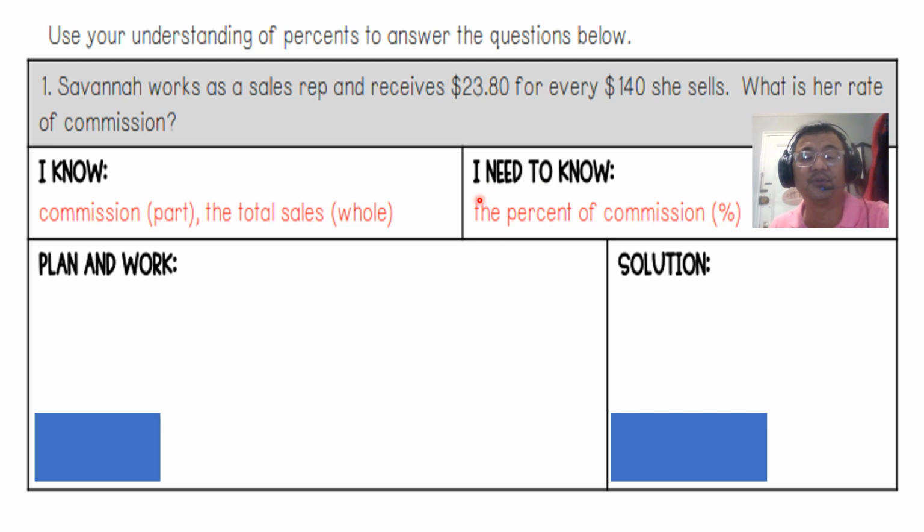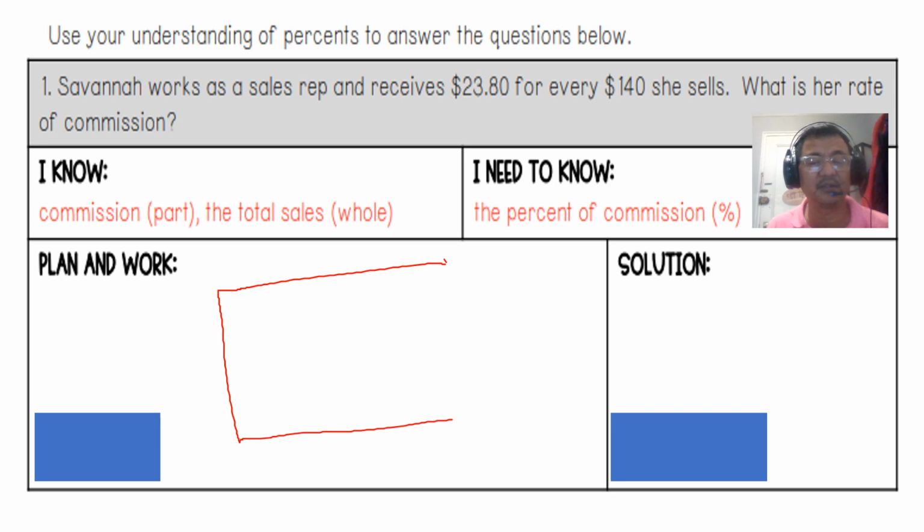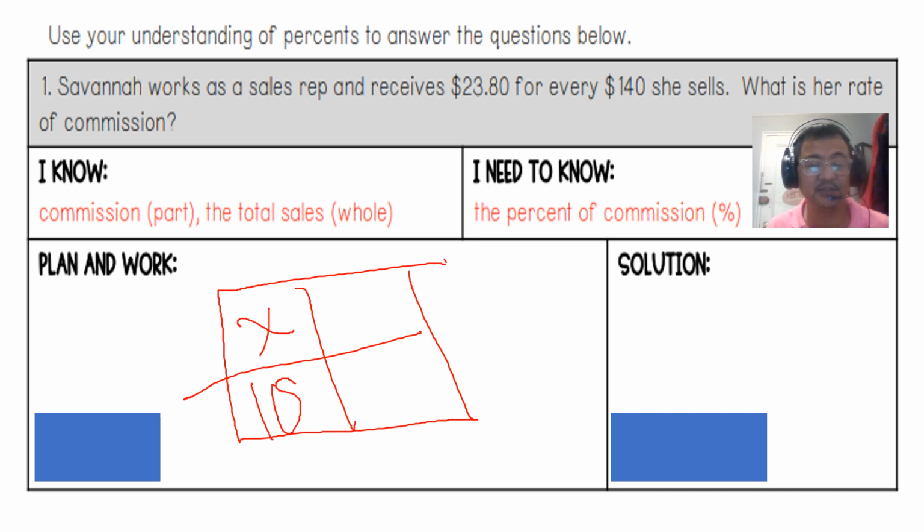What do I need to know? The percent of commission, the one with the percent sign. And again, normally what do we do? We do our proportion chart. How does our proportion chart look? Percent over 100. Do we know the percent? That's the x over 100, always equal to the part over whole. And which is the part? The part is the smaller amount that goes there, 23.80.